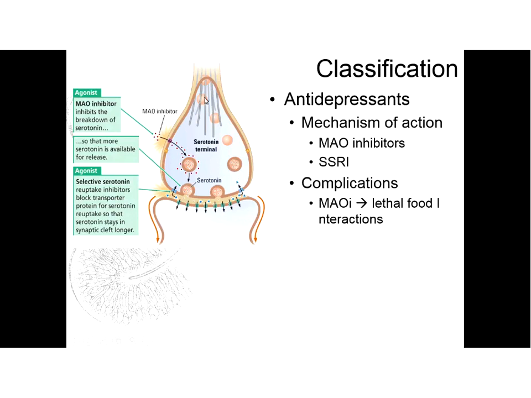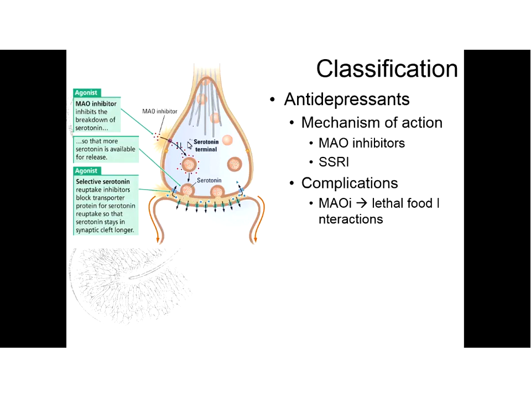Monoamine oxidase normally breaks down serotonin, so an MAO inhibitor prevents that breakdown, resulting in a net increase in serotonin available to be released, and that is an agonist. MAO inhibitors were initially found to be very effective in treating some of these symptoms.